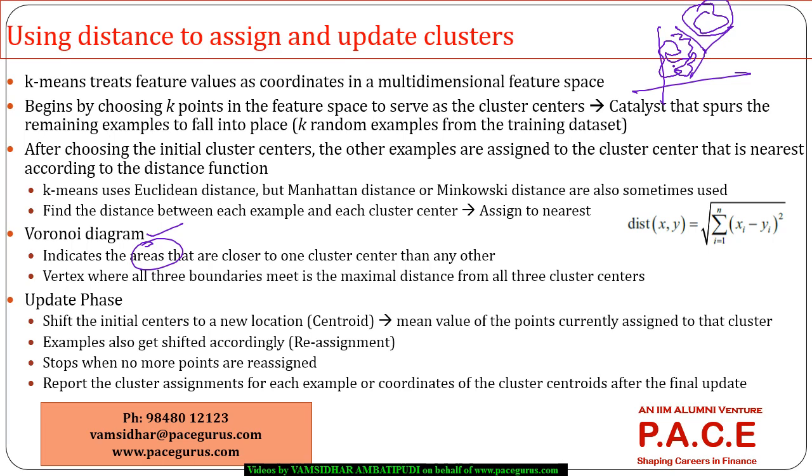If your points are somewhere in this range, they get selected into this cluster, and if they are in this range, they get selected into this cluster. So this kind of diagram, showing the areas where a particular example can get classified into a particular cluster, is what we call a Voronoi diagram.